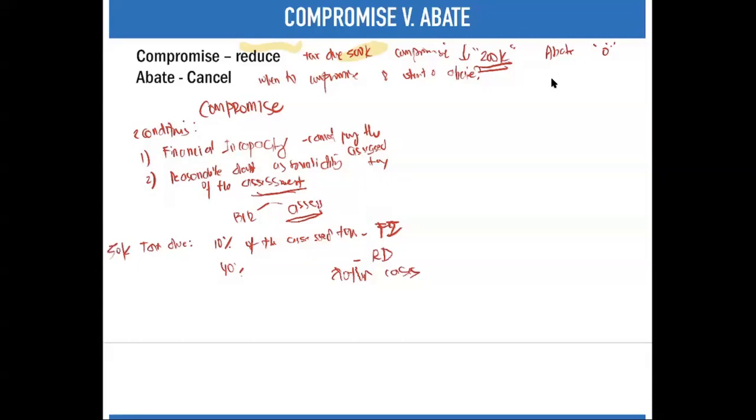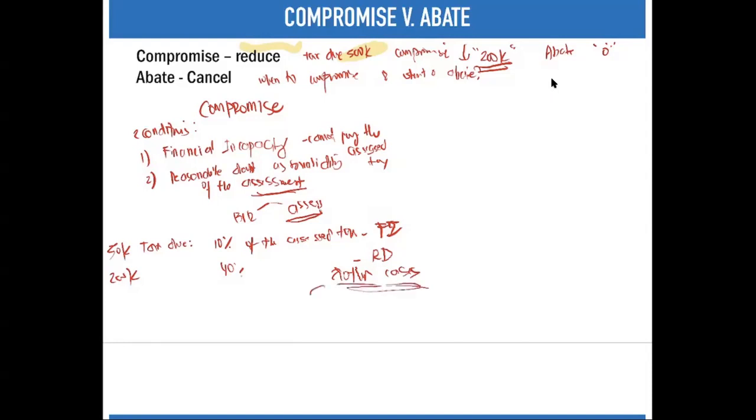And 40% of the basic assessed tax if that is reasonable doubt or other cases. So 40% of 500,000 is 200,000. That's how your compromise works.